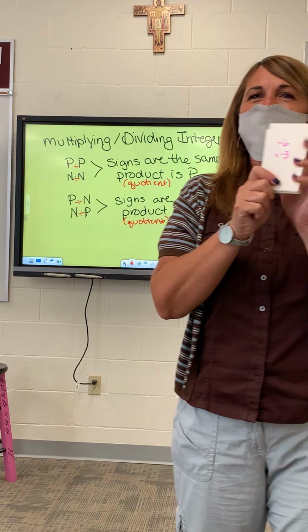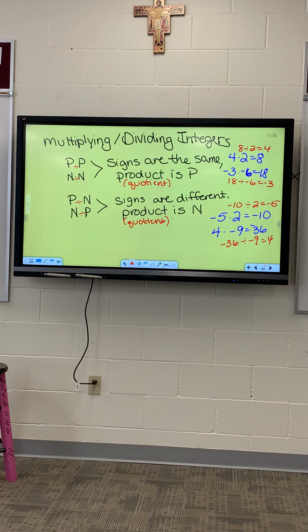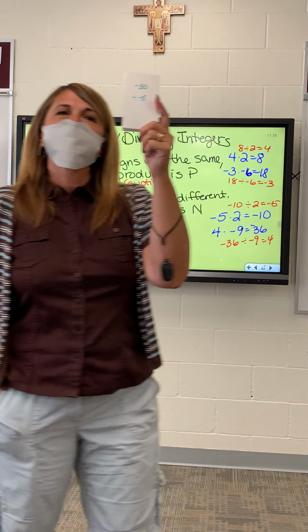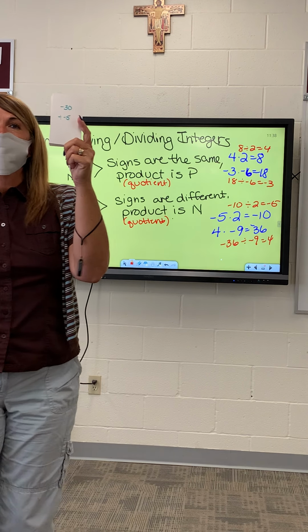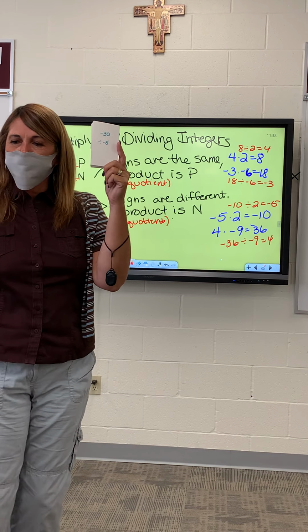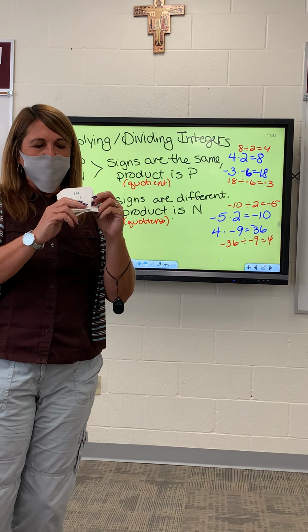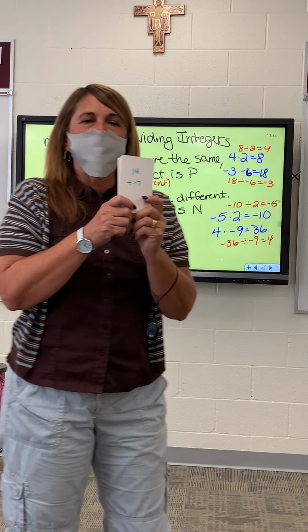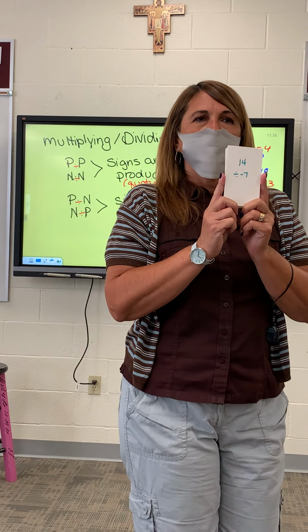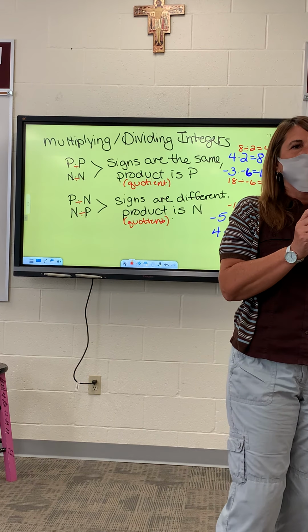Kayla, negative 6 times negative 3. 18. Same sign, positive. John, negative 30 divided by negative 5. It would be 6. Keep telling me to slow down if I go too fast. I keep forgetting you're writing them down. Brian, 14 divided by negative 7. Different, so it's negative, negative 2.